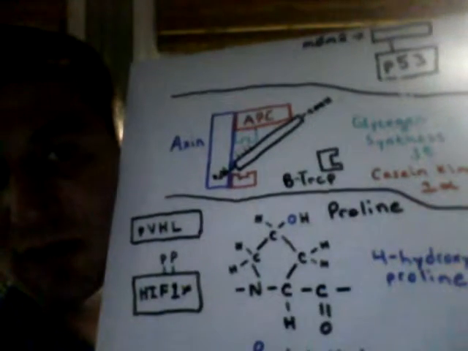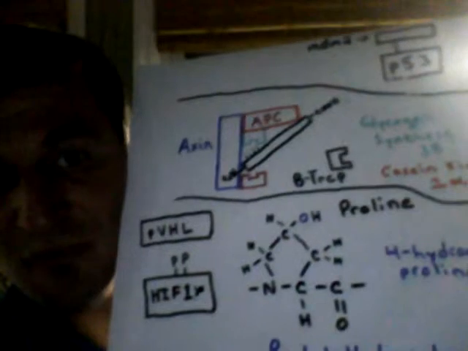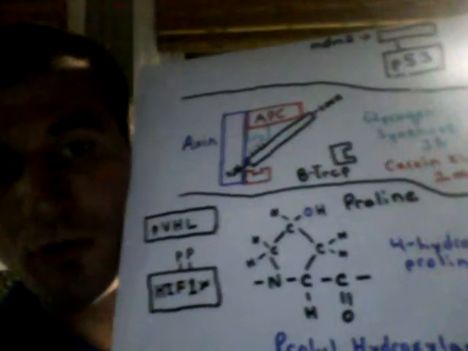Now if we shift right down here, I don't know if you can see this, but this right here is hypoxia-inducible factor 1 alpha, which plays an important role in angiogenesis.